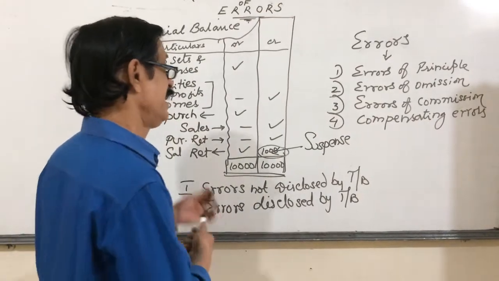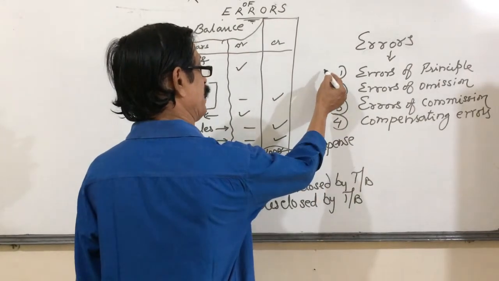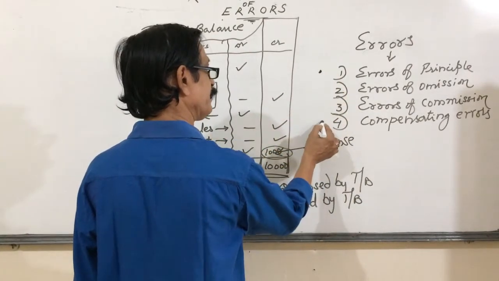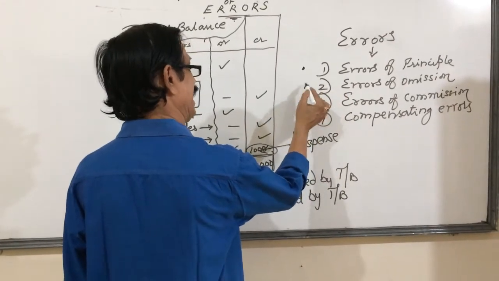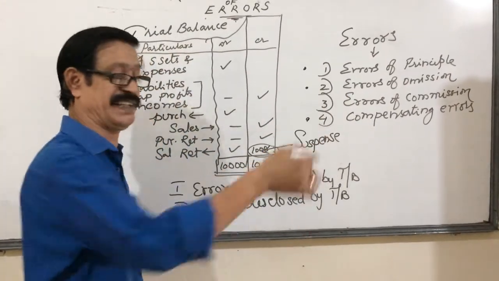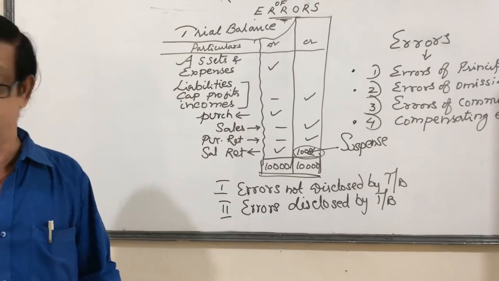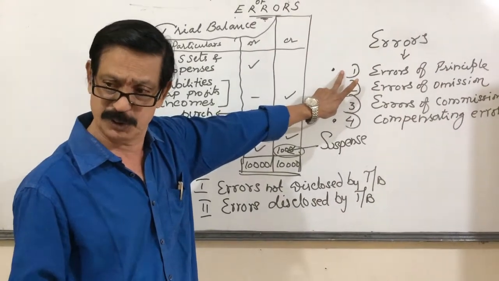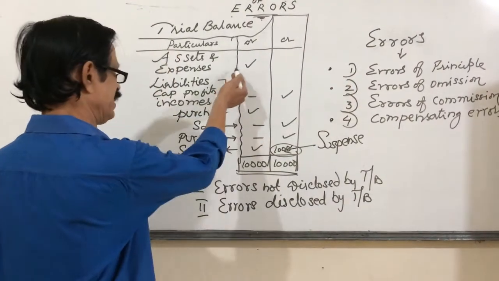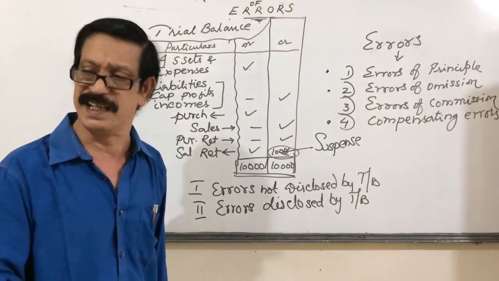Dear students, these compensating errors, errors of principle, and full omission of a transaction, these three may not affect the trial balance. They may not affect the accuracy of trial balance. Instead of debiting rent, you debited the owner. But expenditure is already debited. Instead of rent, owner is debited.